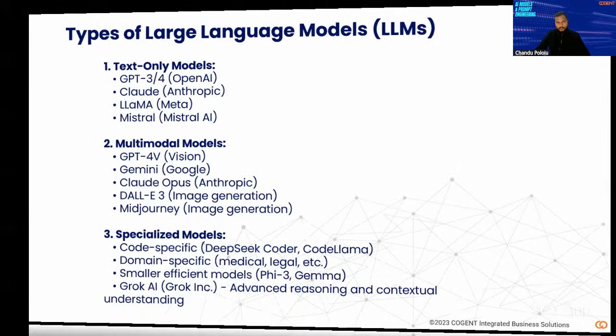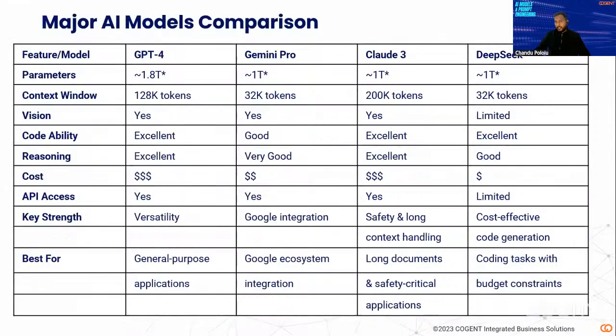And next, comparison. This is a little technical, but just bear with me for this slide. I'm just giving a little insight on four different comparisons here. The first one is GPT-4, the parameters. As we discussed, what are parameters? It's 1.8 trillion parameters.